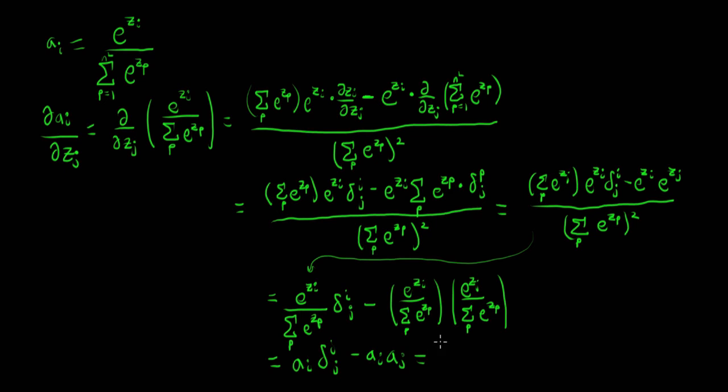We can factor out the ai and write this as ai times delta ij minus aj. And this, my friends, is the answer. All right, that is long enough for this video, so I will see you next video.